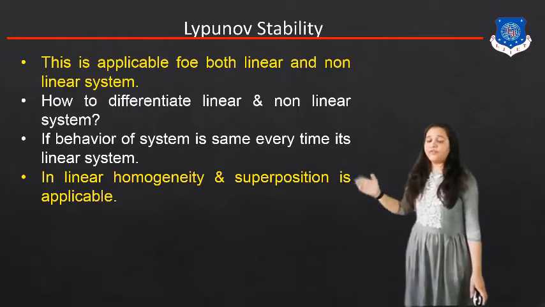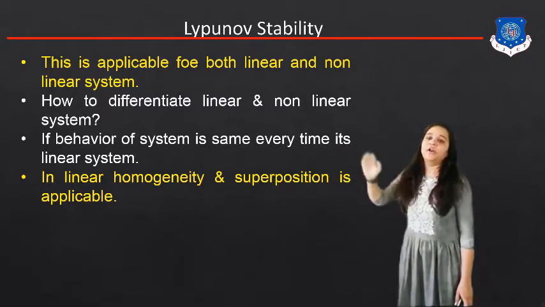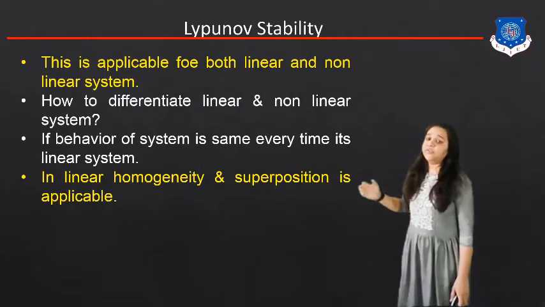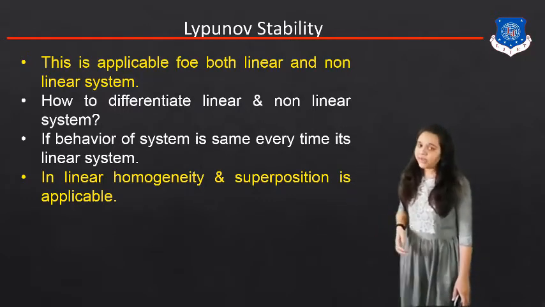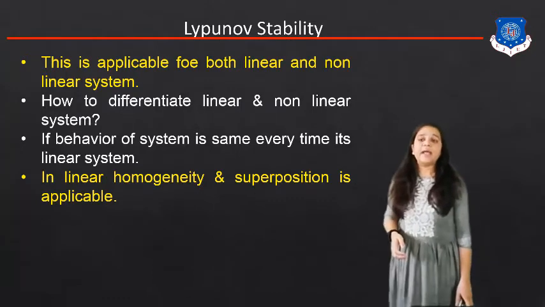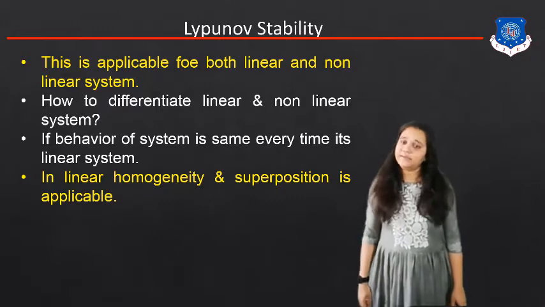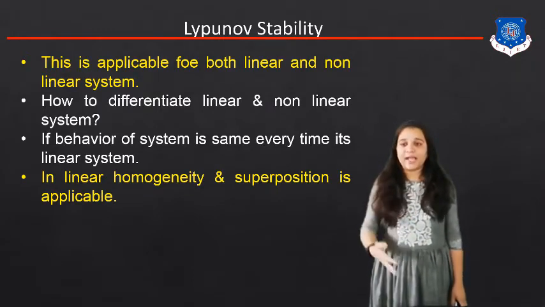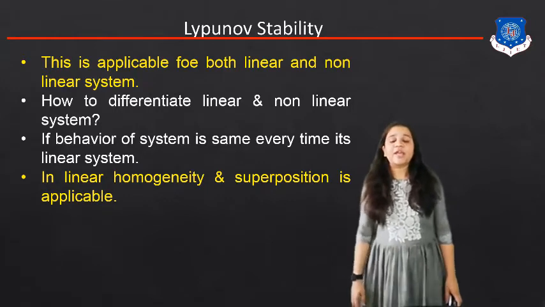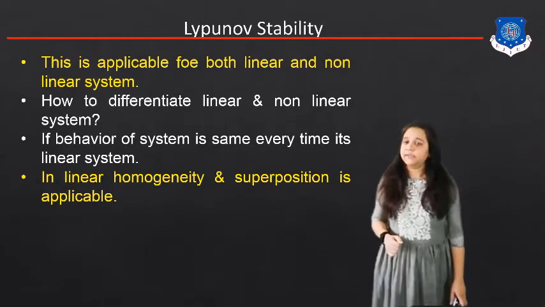Now, how to differentiate whether a system is linear or non-linear? If the behavior of the system is the same every time, that type of system is known as a linear system. If the behavior changes at every time, that type of system is known as a non-linear system.